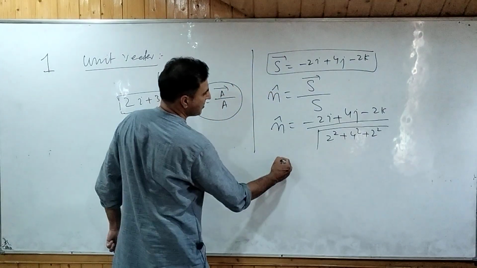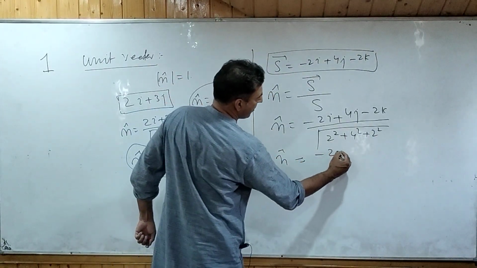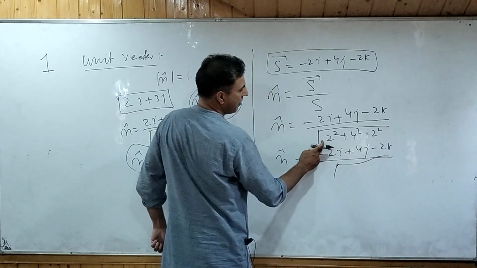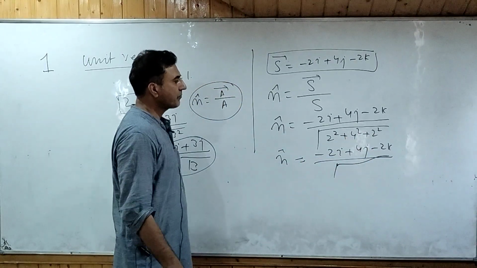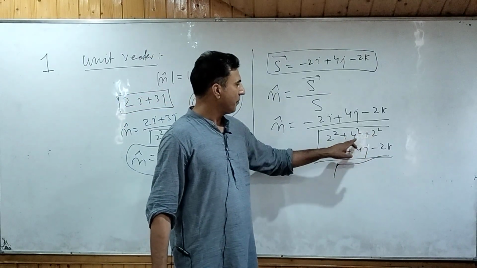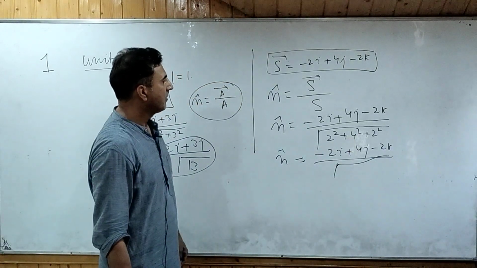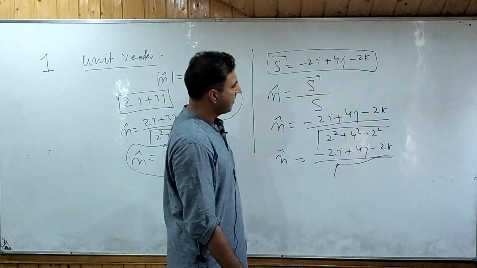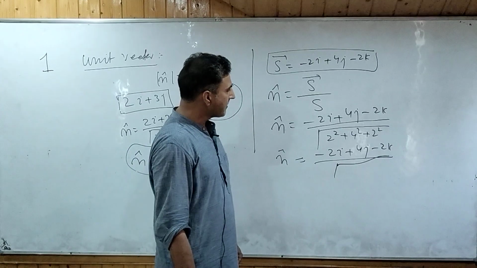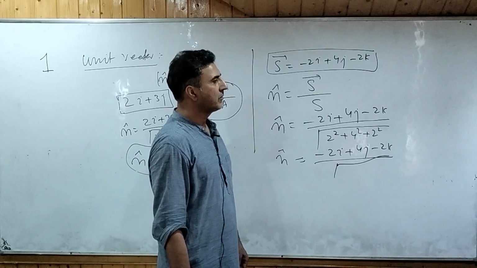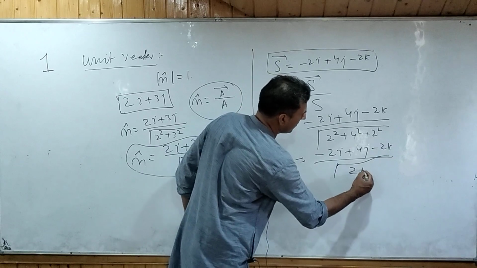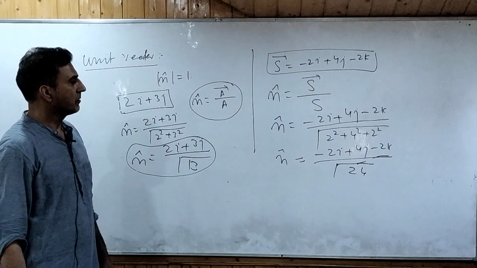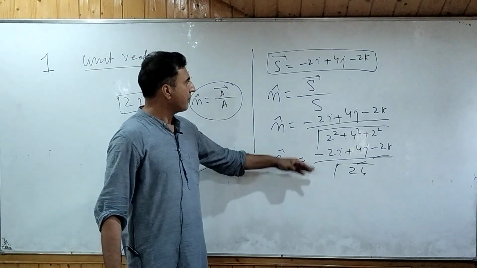So if you simplify this, that is minus 2i plus 4j minus 2k whole divided by root of 4 plus 4 plus 16. 4 plus 4, 8. 8 plus 16 is 24. Okay, this is the unit vector for this given vector.